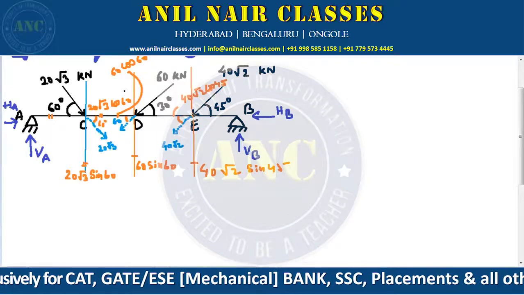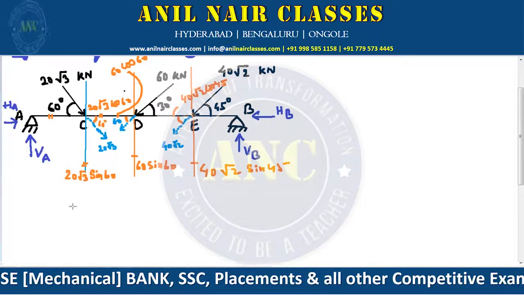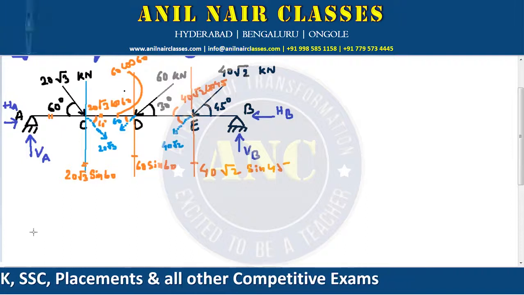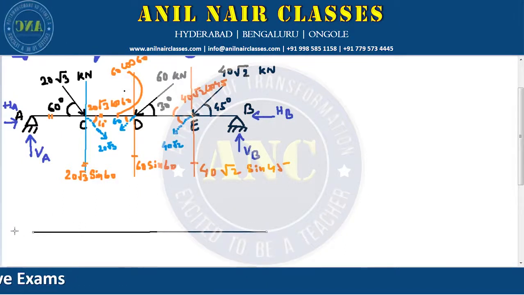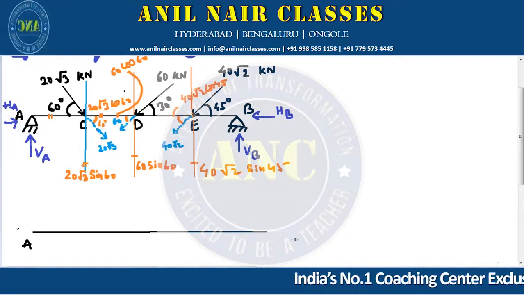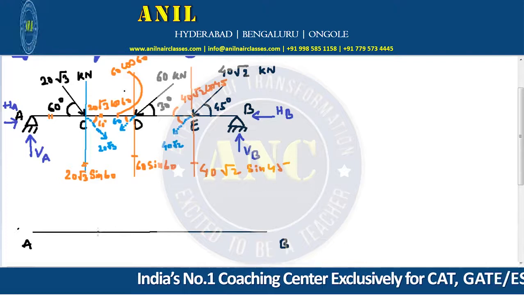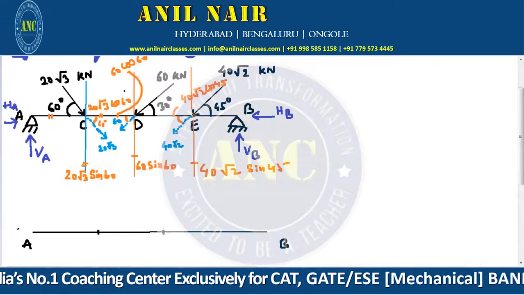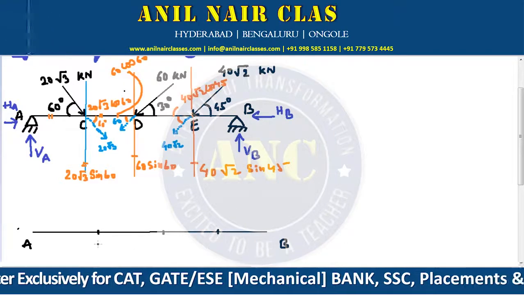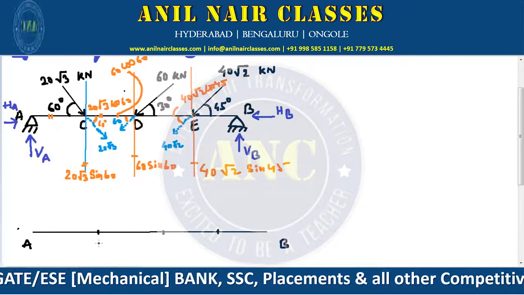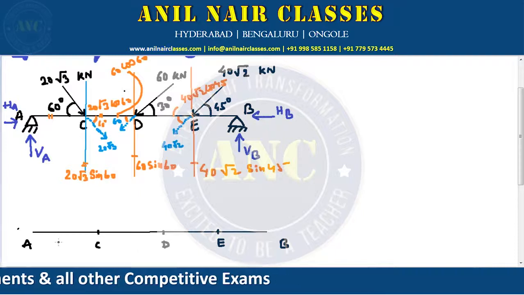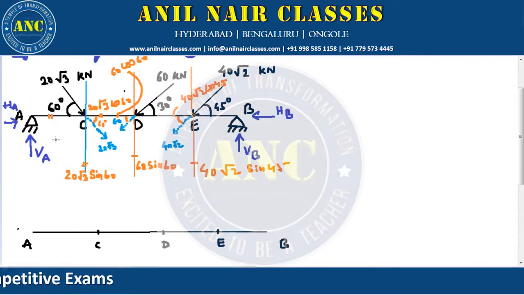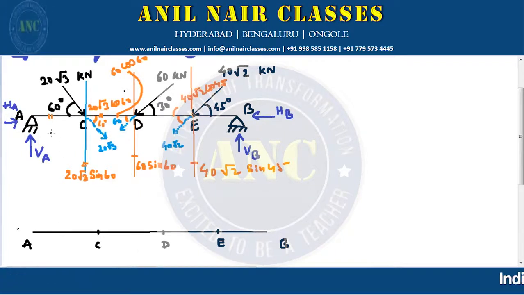Now we are ready to put the components, so I'll put the components back. This was A, this was B, so this is C, this is D, and this is E. Sorry, I missed the length, it was 2 meters.